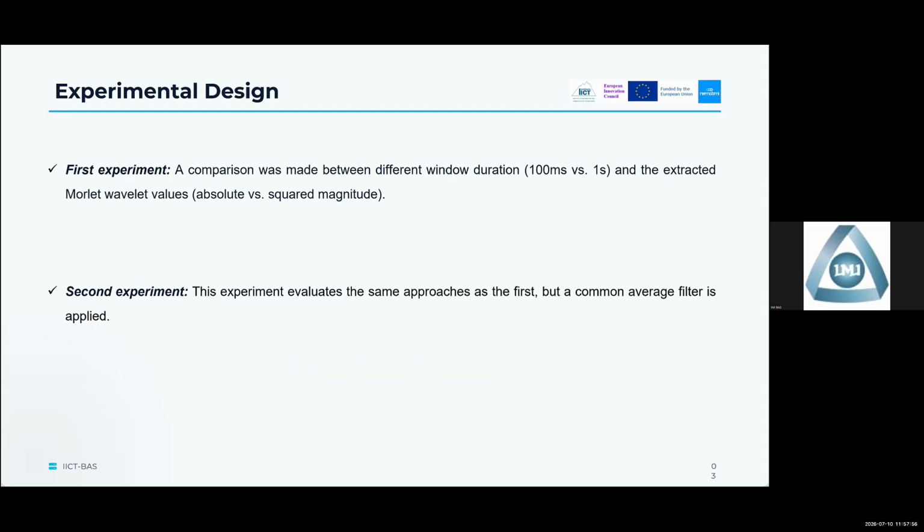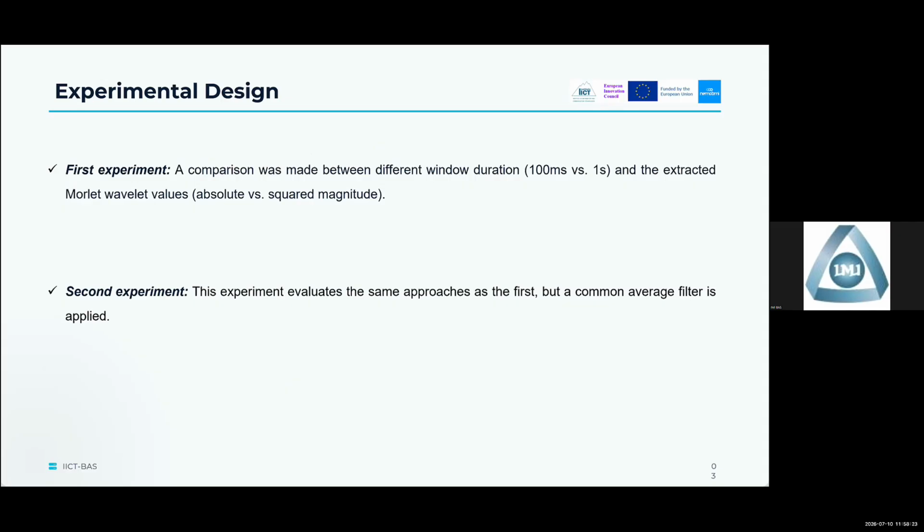This work includes two experiment scenarios. The first one, to express it, Morlet values are compared, absolute and square magnitude, and two temporal windows, one with 100 milliseconds and one with 1 second, are compared.